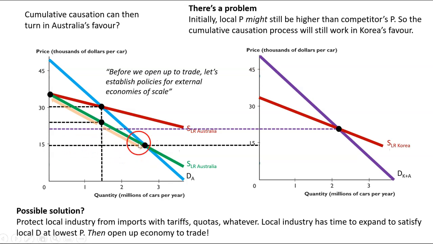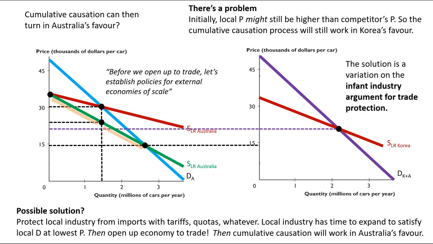And that price is below the Korean price. It's only then that you would open up your economy to trade, knowing that now the cumulative causation process will operate in your favour and allow the Australian car industry to survive and to destroy the Korean car industry.